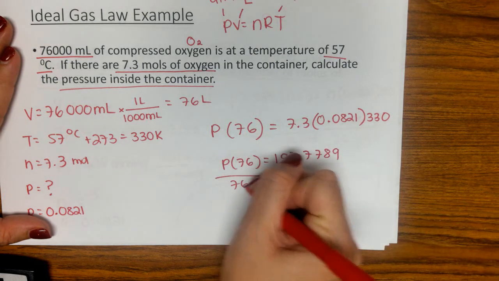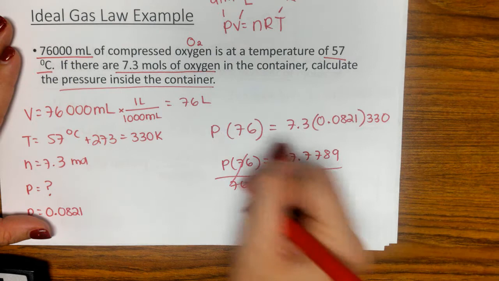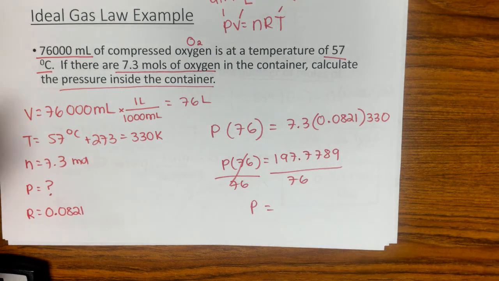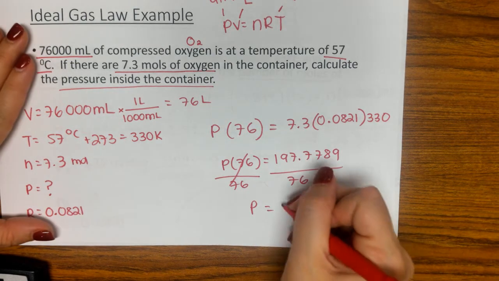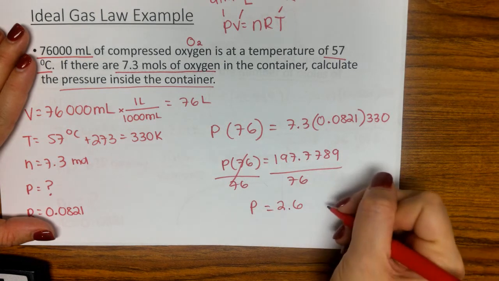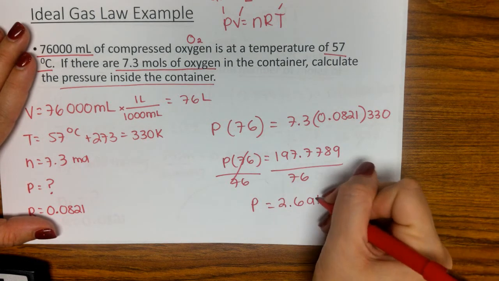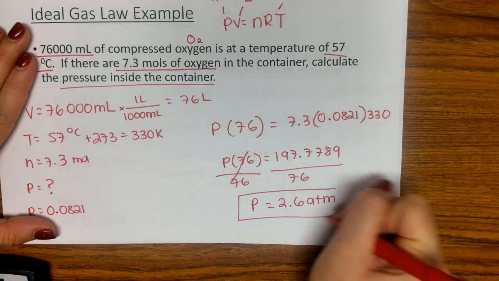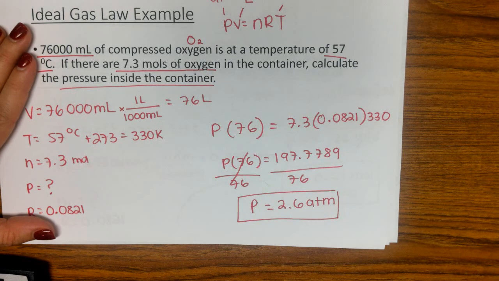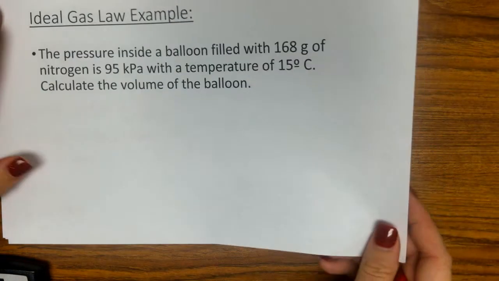Divide each side by 76, and pressure equals 2.6. And remember, because it's the ideal gas law, the pressure unit is ATM. Easy enough. Hope so. And one more really fast.